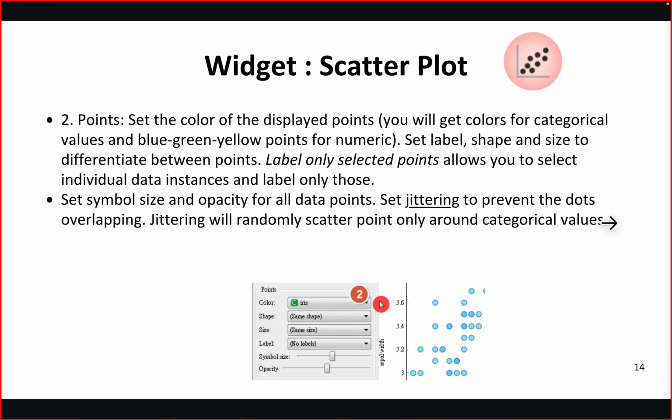Second, if we want to change the color, we have more information we can specify about color, about the shape, about color of data points, about the shape of data point, and even the size of data point. And furthermore, maybe we like to show the label. You can do that in Orange 3 scatter plot. Okay.